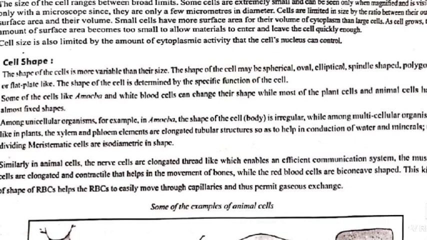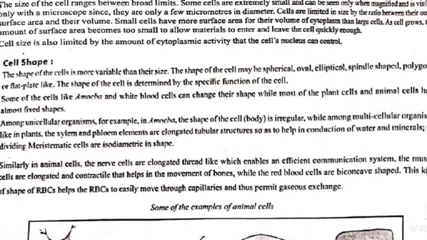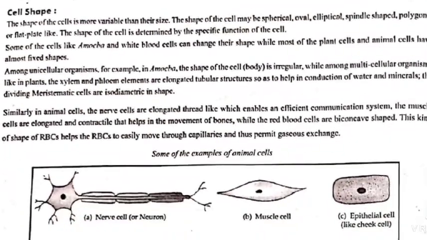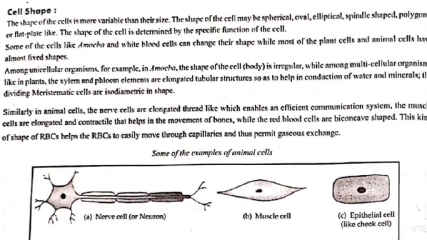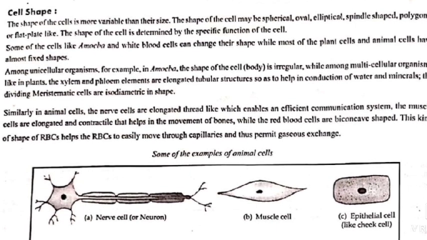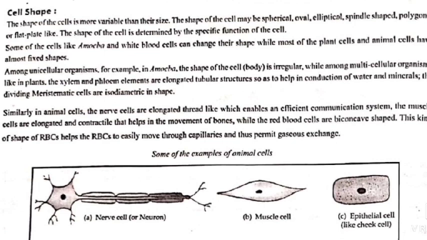Some cells, like amoeba and white blood cells, can change their shape, while some plant cells and animal cells have almost fixed shapes. Among unicellular organisms, for example in amoeba, the shape of the cell is irregular, while among multicellular organisms, like plants, the xylem and phloem elements are elongated tubular structures to help in conduction of water and minerals.